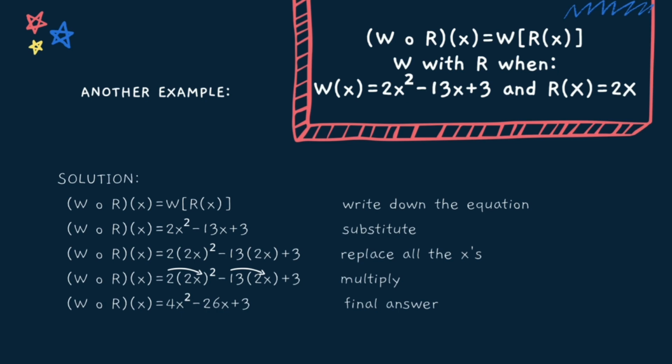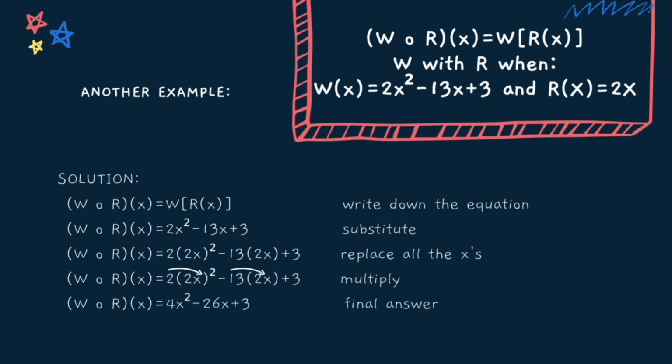Find the composition of w with r when w of x is equal to 2x squared minus 13x plus 3 and r of x is equal to 2x. Start solving this by writing w circle r times x is equal to w times the quantity of r times x. Next, substitute w times the quantity of r times x by the value of w of x.